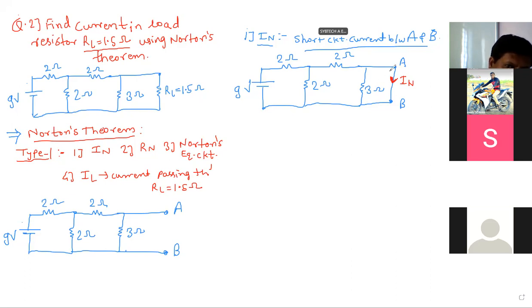What is the resistance of a short path? R is equal to 0, then V is equal to 0. A short path has 0 voltage and 0 resistance. So the parallel combination of 3 and 0 ohm gives 0. So the 3 ohm will become open. I will write: short circuit path is in parallel with 3 ohm.